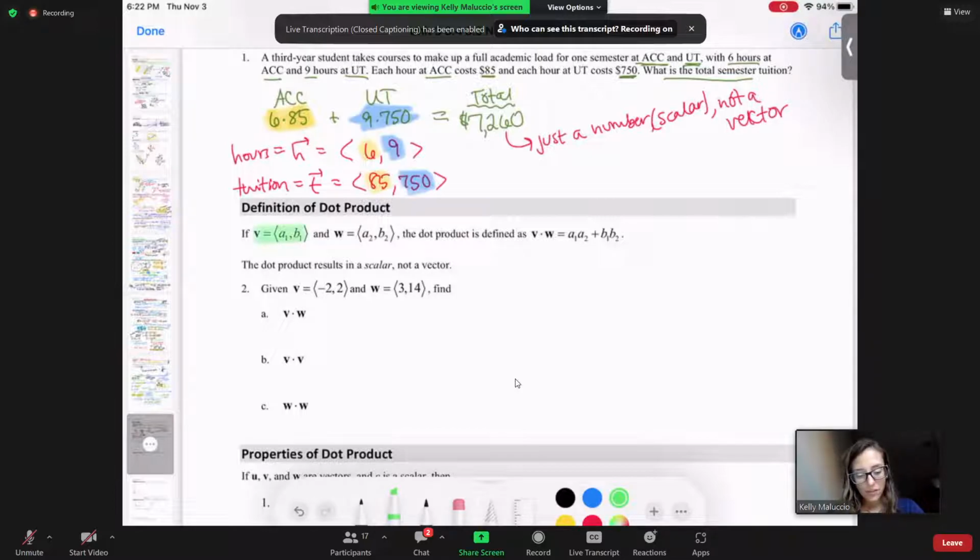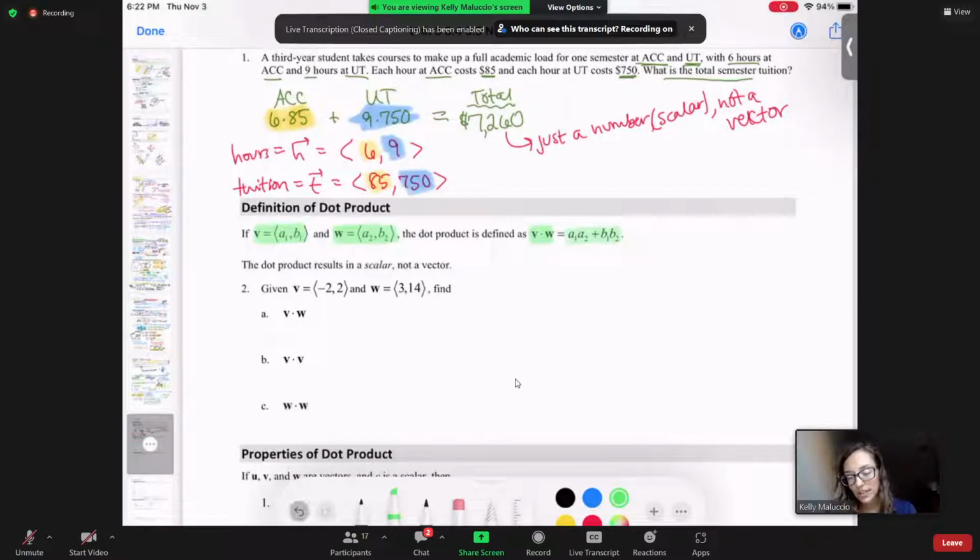If you have a vector V with components A1, B1, and a W vector with components A2, B2, the dot product V dot W is actually just addition. It's basically multiplication of each component and then addition.